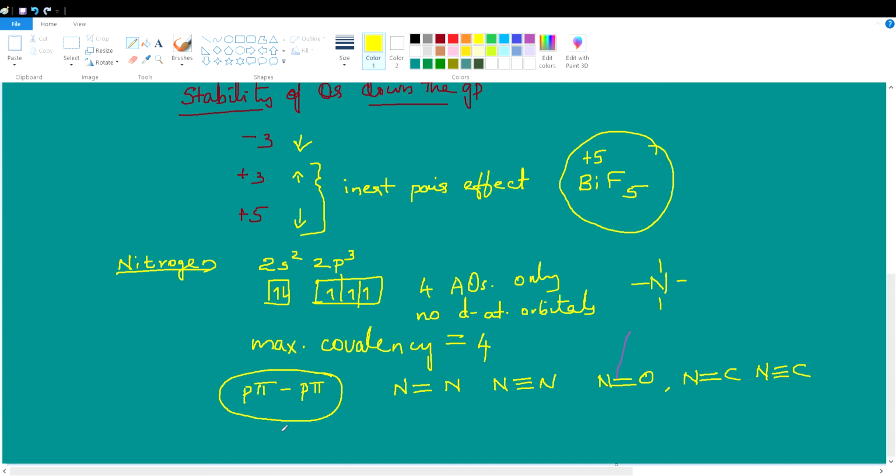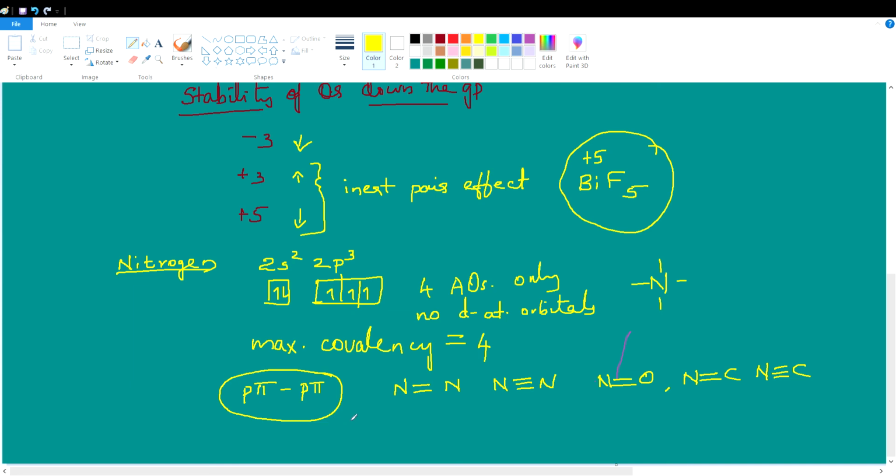But the other members, phosphorus, arsenic, antimony onwards, the heavier members, cannot undergo p pi-p pi overlapping because their p atomic orbitals are large and diffuse and cannot undergo effective overlapping. So only nitrogen can form p pi-p pi bonds.